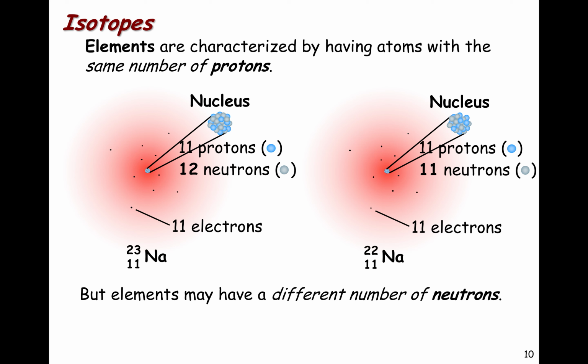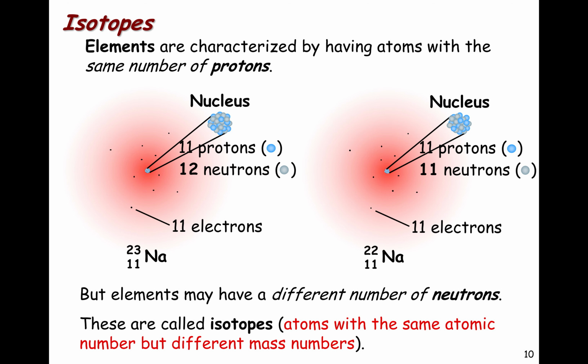Again, there are a total of 11 electrons surrounding the nucleus, and that would give you exactly the same net charge for both of these isotopes. So, by definition, isotopes are the same element, but have nuclides that are different in terms of the number of neutrons.